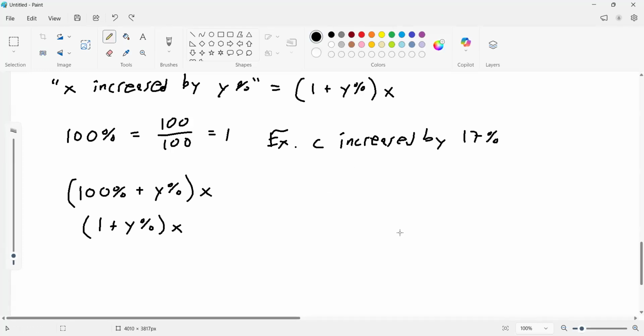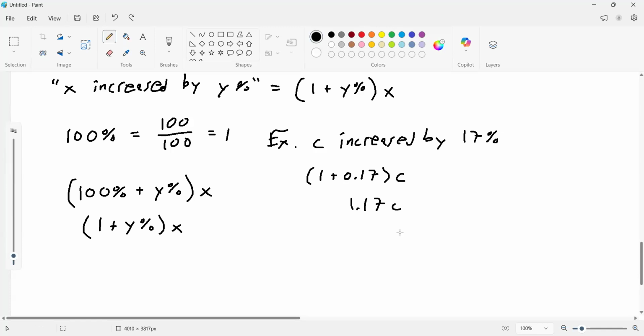Well, this increased by is telling me that I'm starting with one and I need to tack on this as a decimal. So 17% written as a decimal, if you remember your conversion from earlier, is just 0.17. And we're multiplying that by the number of cats. So to take the number of cats and increase it by 17%, all I'm really saying is I want to figure out what 1.17 times C is. And that's the value being described by this entire phrase.